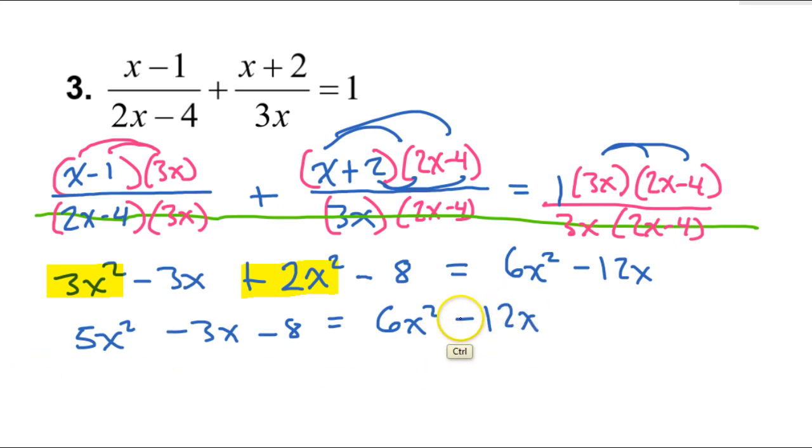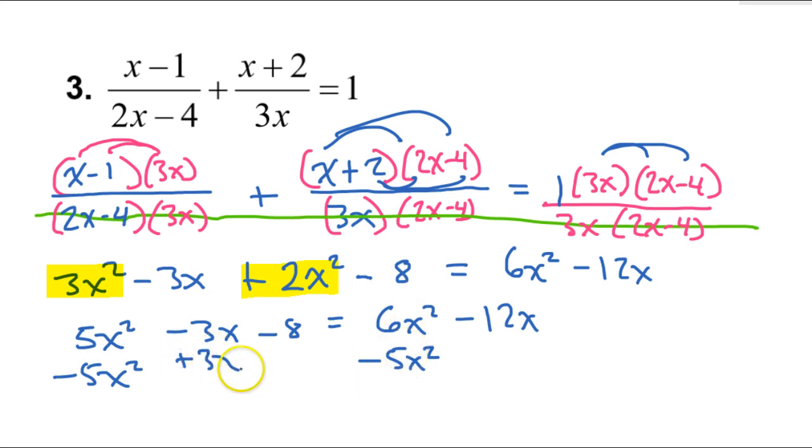Now I need to get these on one side of the equation, so either I'm going to move these three to the right or I'm going to move these to the left. The reason why I'm going to move the 5x squared is because I really want the x squared term to be positive. So if I do it this way, it'll be positive.